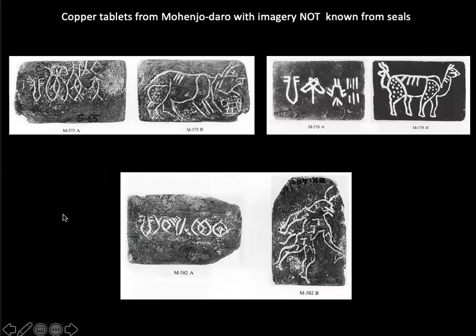Things like this strange rhinoceros-like creature that seems to have the head of a rapacious bird, or this double-headed creature that looks almost like a llama, or even this horned anthropomorphic figure that seems to be covered in fur and is often shown carrying a bow.